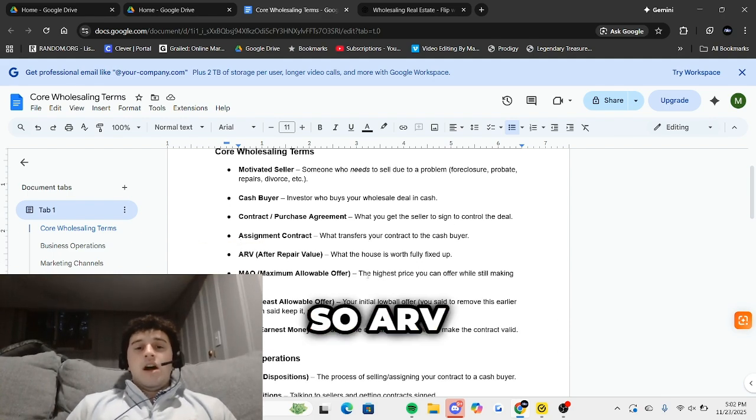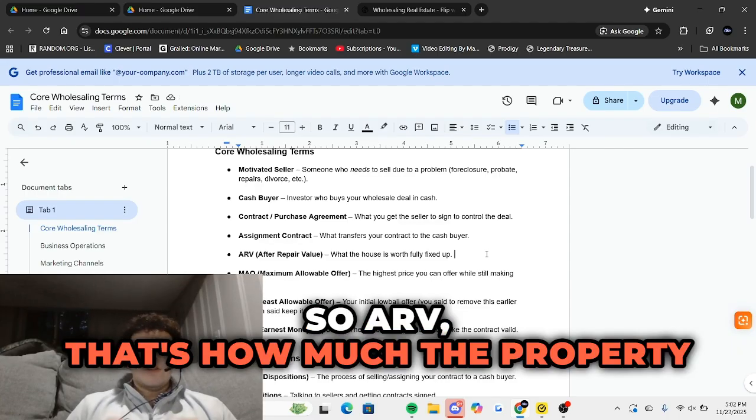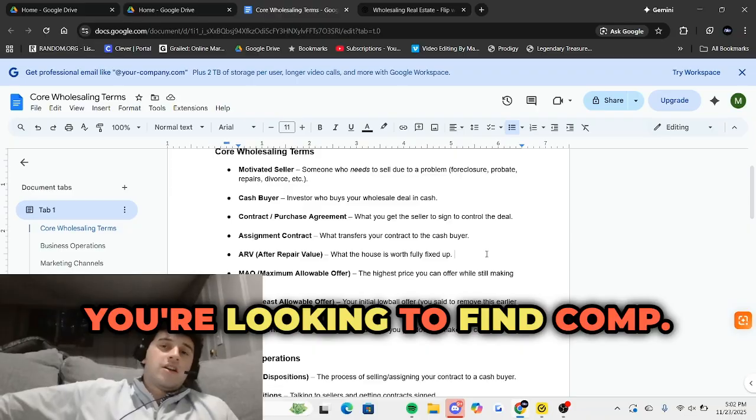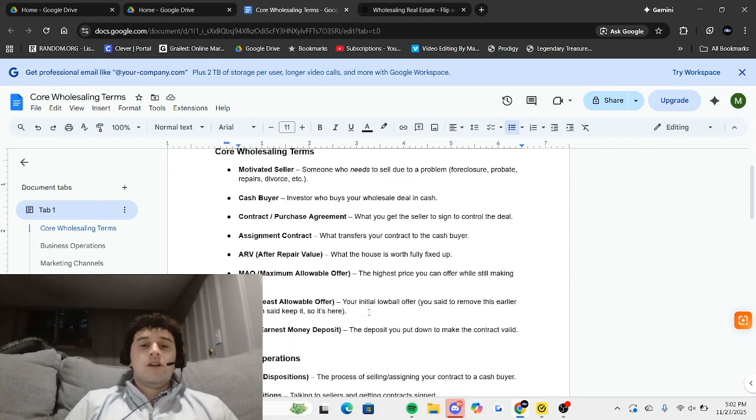So ARV, after repair value, that's how much the property is going to be worth after it's all fixed up. If you're looking to find comps, this is how you calculate your MAO, your max allowable offer.